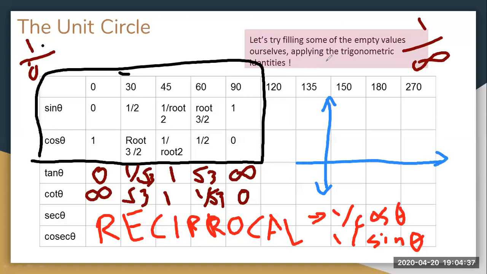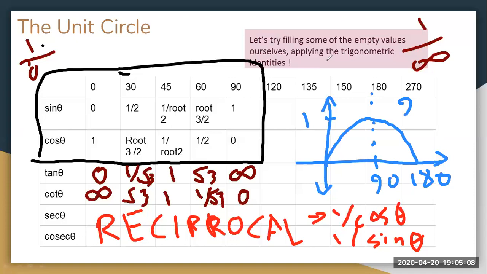Sine theta's maximum value is at 90 degrees. It starts at 0, and at 90 degrees it gets to its maximum of 1. After the maximum, it starts falling down, and that also takes 90 more degrees, so it's 180 degrees. Across this line, it is symmetrical.